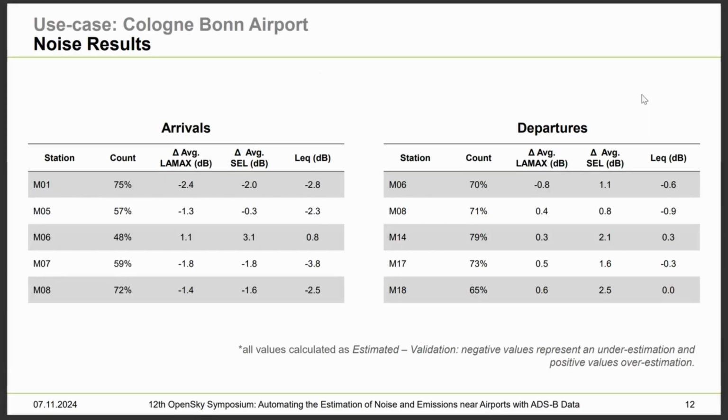And then you have the deltas for the maximum noise level and for the sound equivalent noise level, and also the yearly noise level calculated. You see for arrivals kind of a mixed result situation, depending a lot on the location of the noise station. And for departures, we got quite promising results, I would call them.